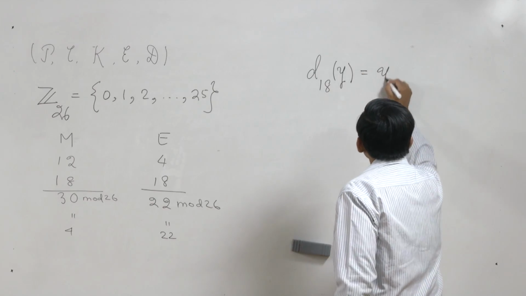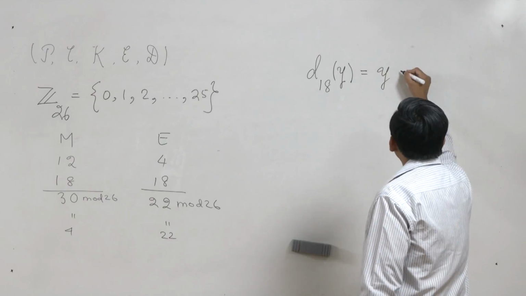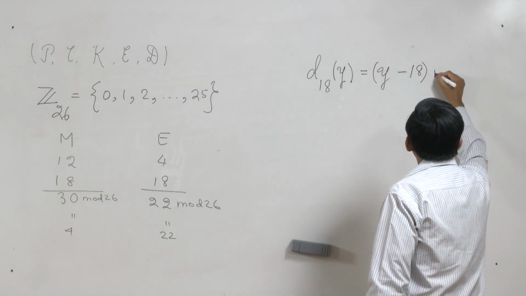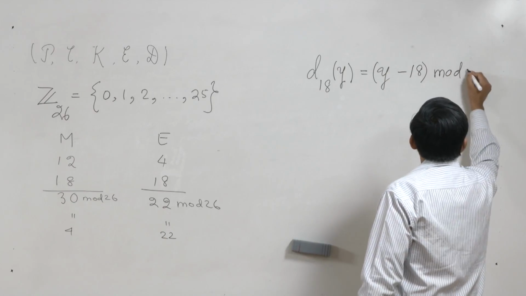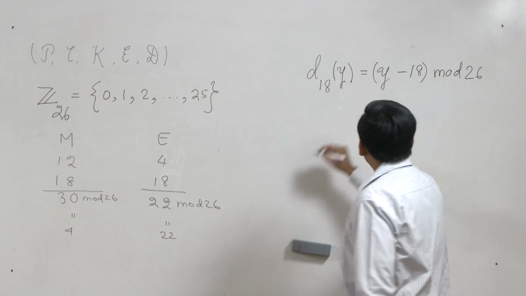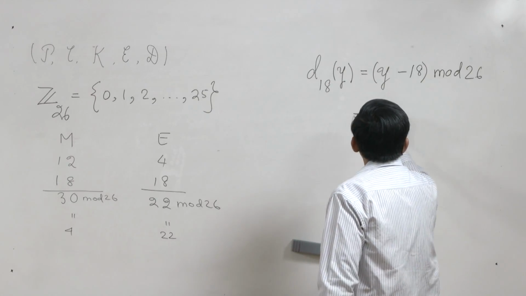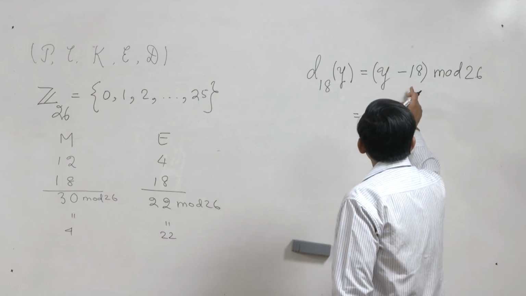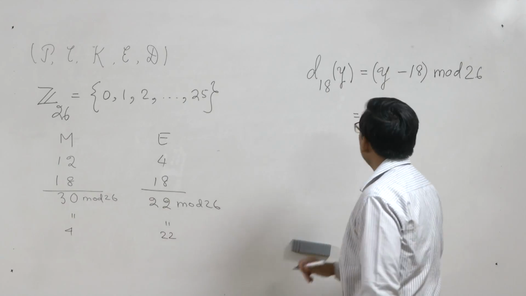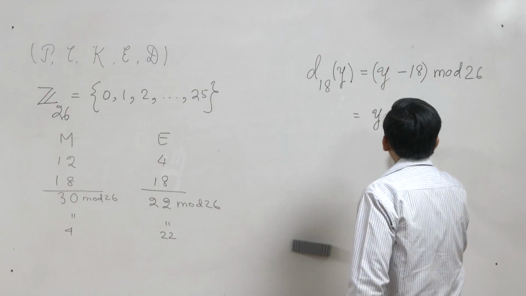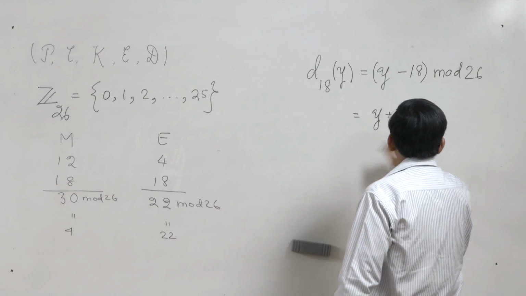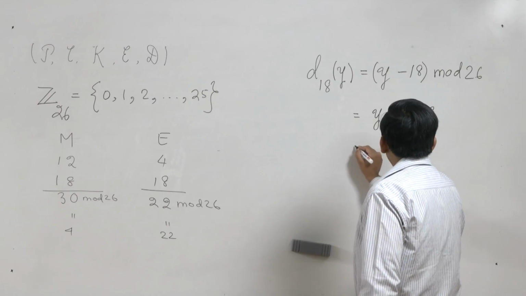So, I have y minus 18, the whole thing mod 26. Now, this means that I have to replace minus 18 by something within Z by 26. In order to do that, I might add 26 and then take minus 18.